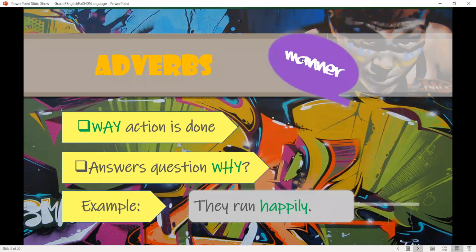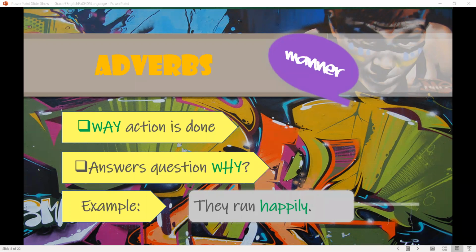All right. Let's do this. Let's look at adverbs of manner. Now this tells us the way an action is done, the way you do something, and answers the question why or how. Okay, so let's look at an example. They run happily. So how do they run? They run happily.